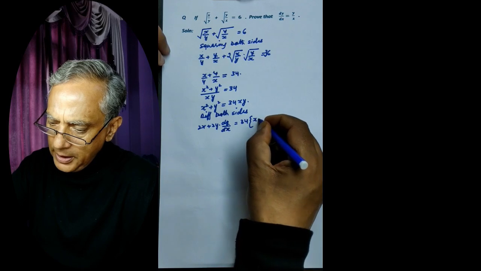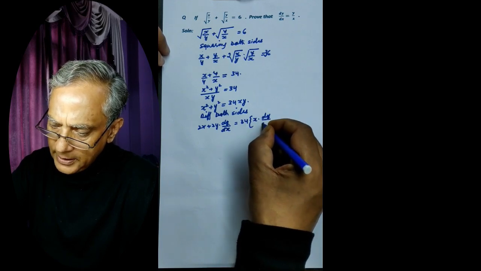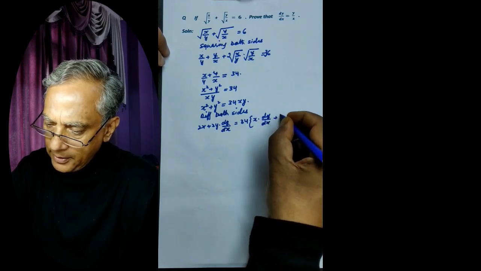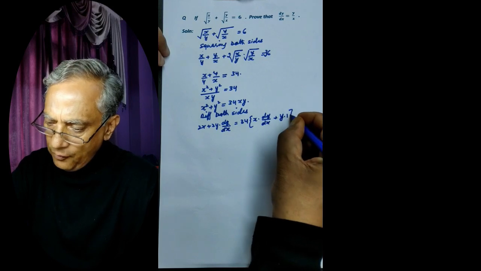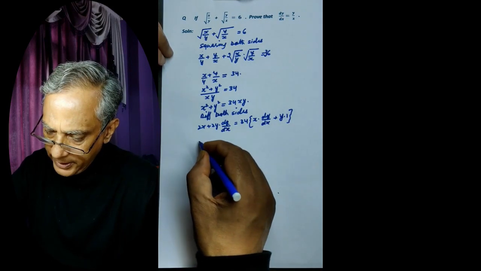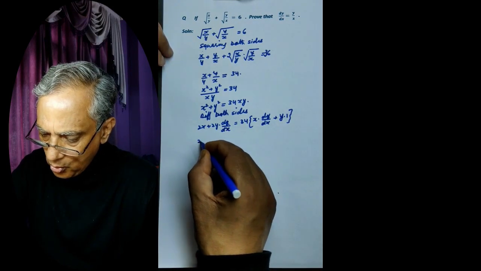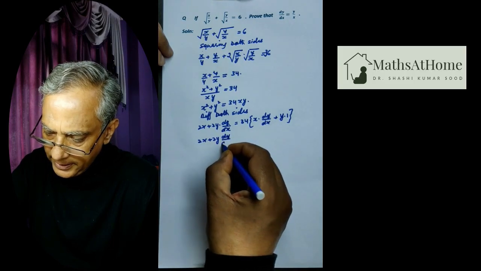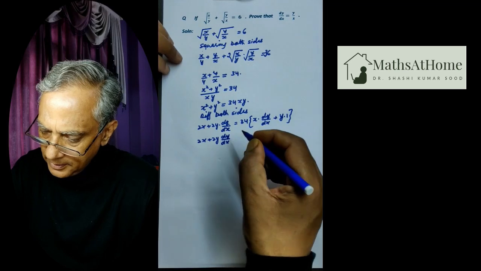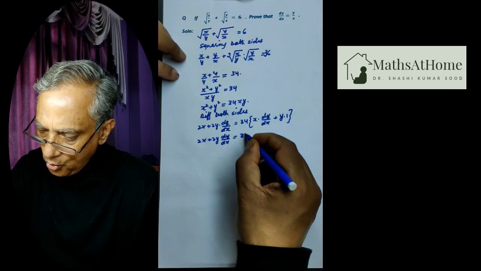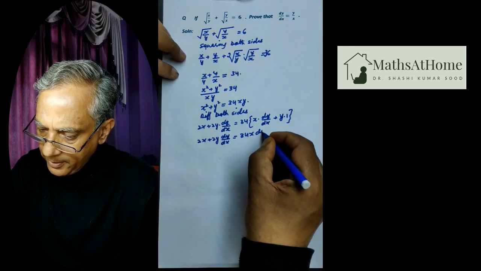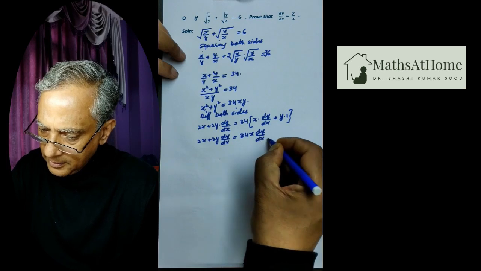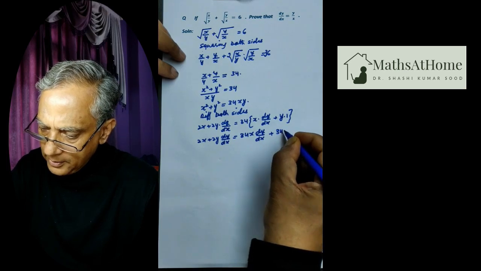First function into differentiation of second plus second function into differentiation of first. So what we get is 2x plus 2y into dy by dx. This is equal to 34x into dy by dx plus 34y.